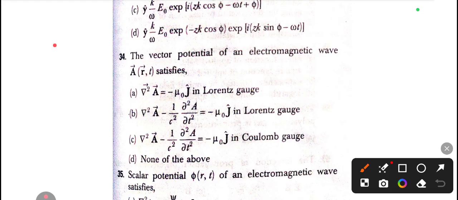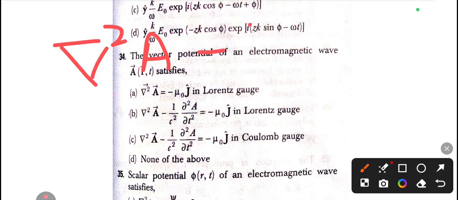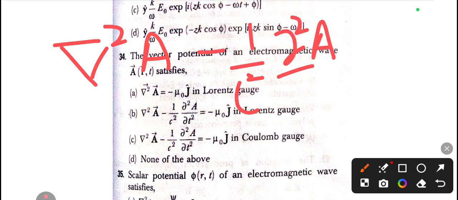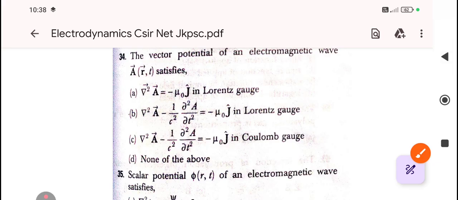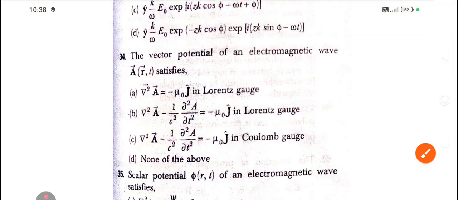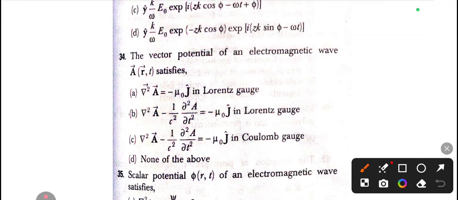We have del squared A minus 1 over c square partial squared A over partial t squared equals minus mu naught J. And this is the Lorentz gauge.